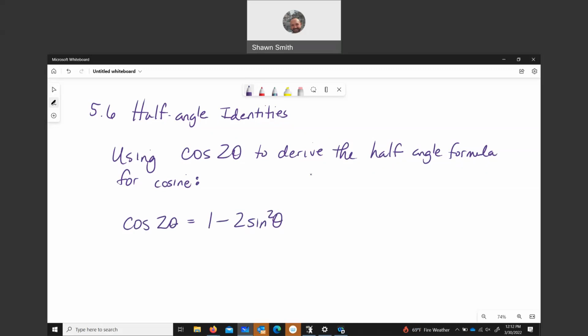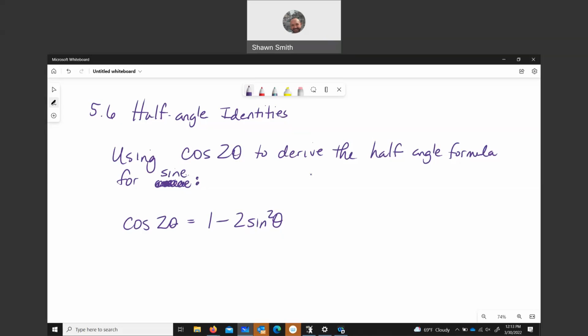I'm sorry, this is not deriving for cosine, this is the one deriving for sine, so scratch that. For sine. All right, so I want to solve this for sine of theta, right?